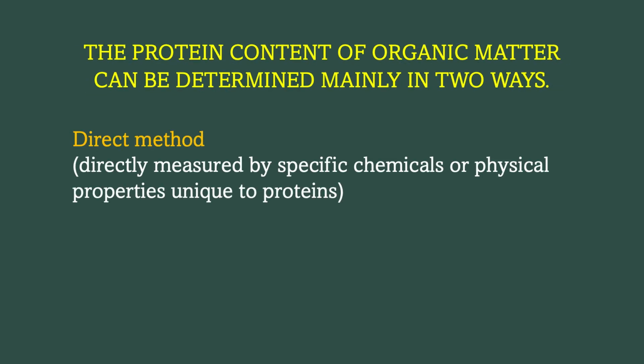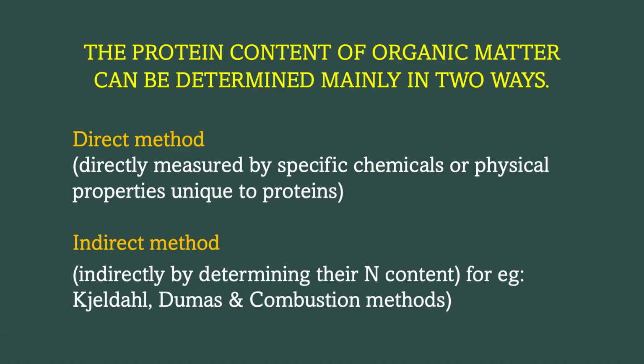Direct method, directly measured by specific chemical or physical properties unique to proteins. Indirect method, indirectly by determining their nitrogen content, for example, Kjeldahl method, Dumas method and combustion methods.